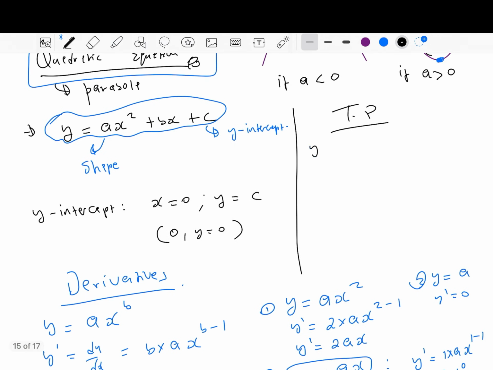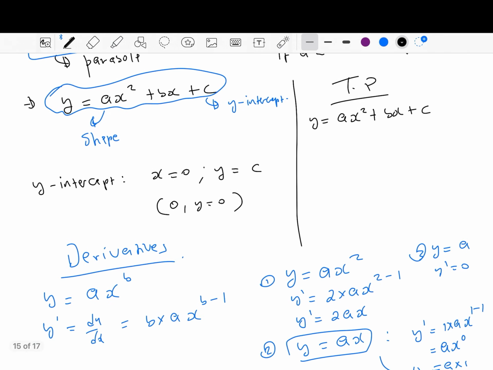So now you have y is equal to ax squared plus bx plus c. That is your quadratic equation. Now, for us to identify the turning point, a first derivative of an equation is a way of identifying the turning point.